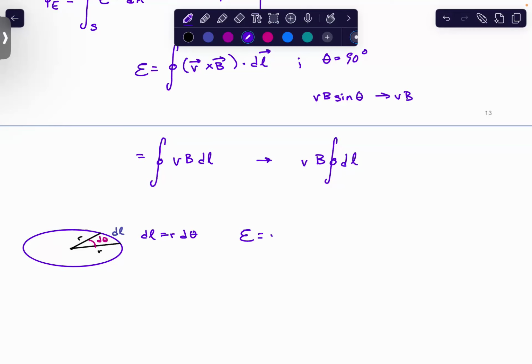So now we're going to have B, and that path being a circle goes from 0 to what? 2 pi.